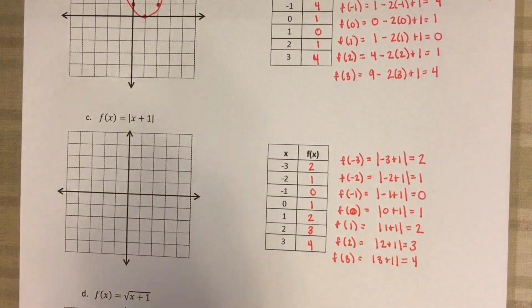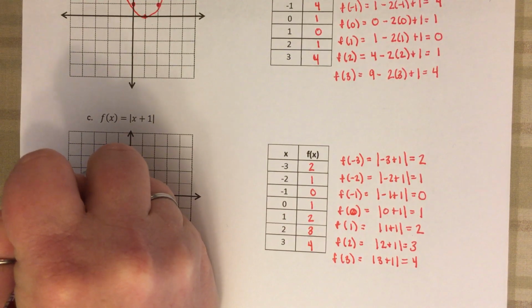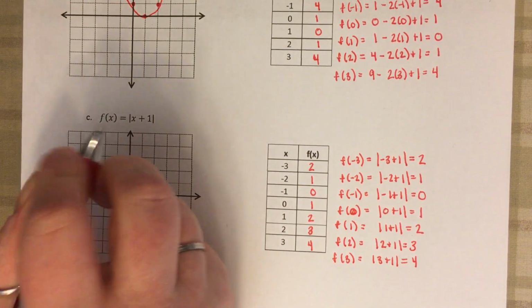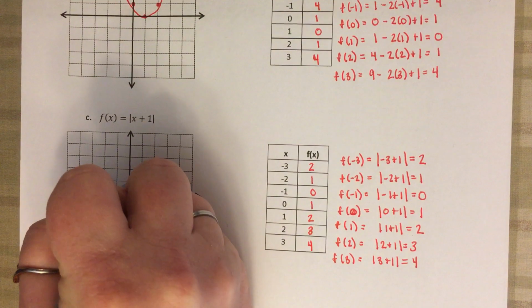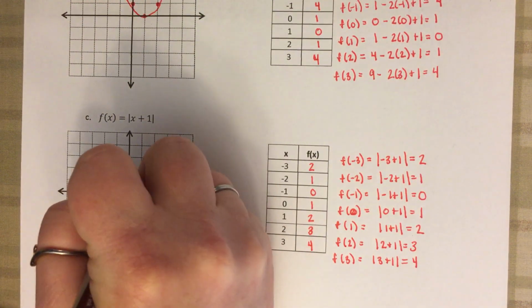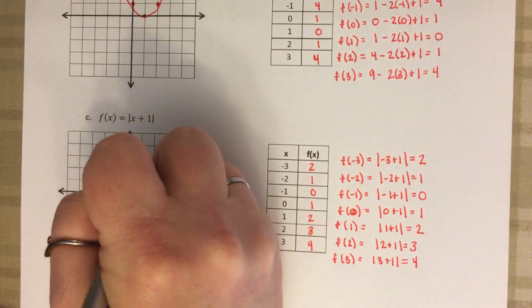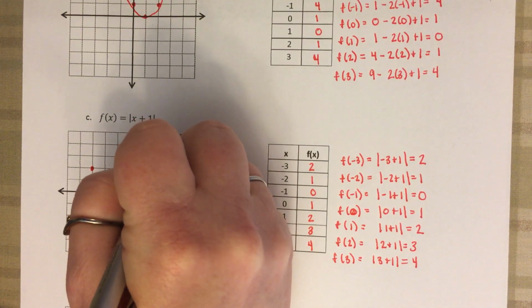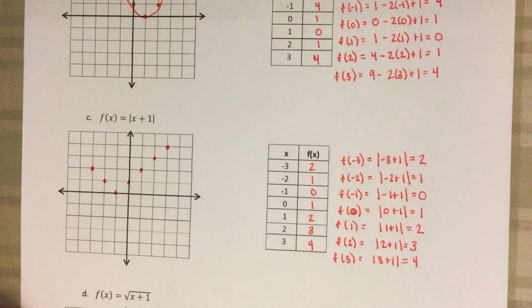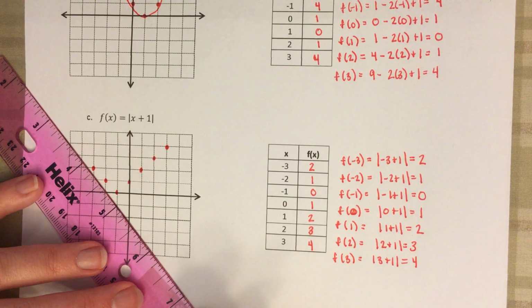All right, so we're going to plot these points. -3, 2. -2, 1. -1, 0. 0, +1. 1, 2. 2, 3. 3, 4. What we see here, we see a nice V shape.